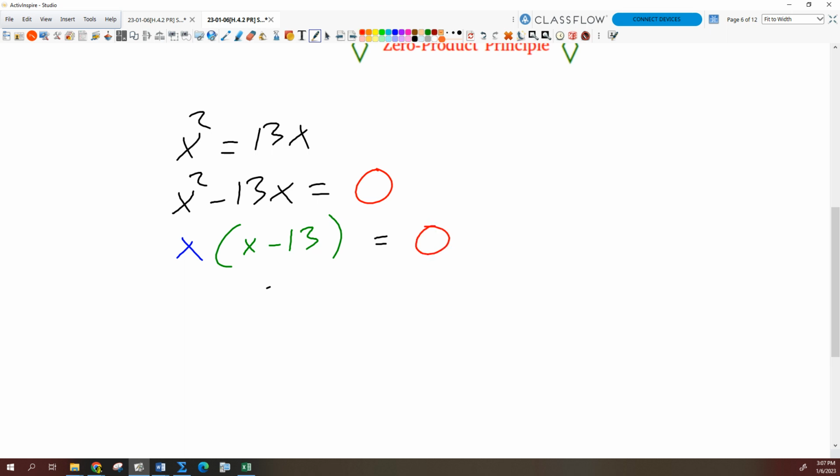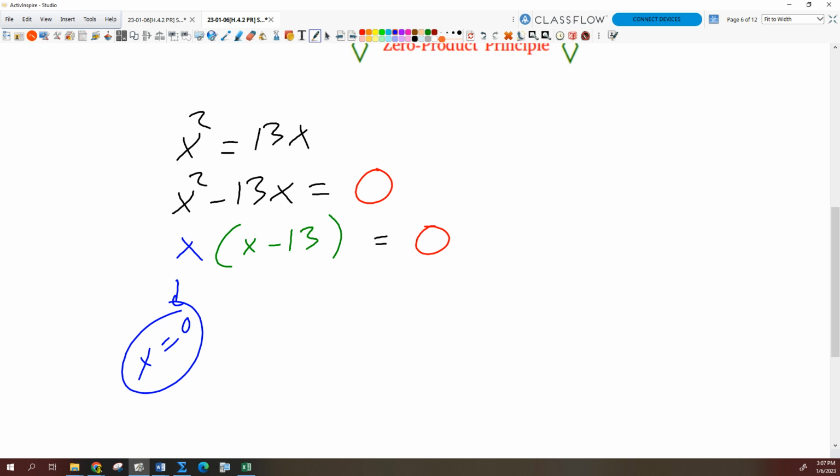Okay, so then the only way that this product of two factors, I have a blue factor times a green factor, right? The only way the product of those factors can equal 0 is how? If one of the factors is equal to 0, right? Well, what are the possible values that would make that work? Well, one of them is if the blue factor is equal to 0, which means x is 0, right?